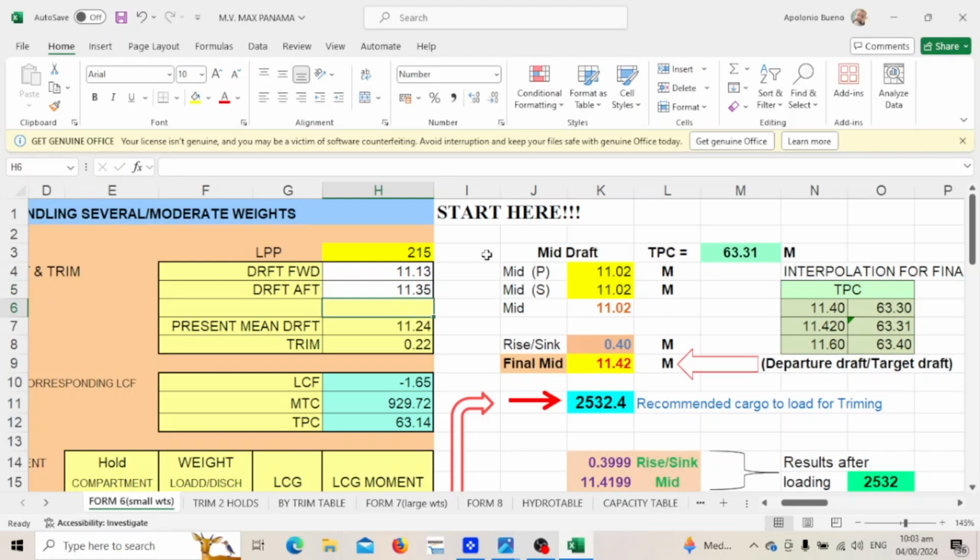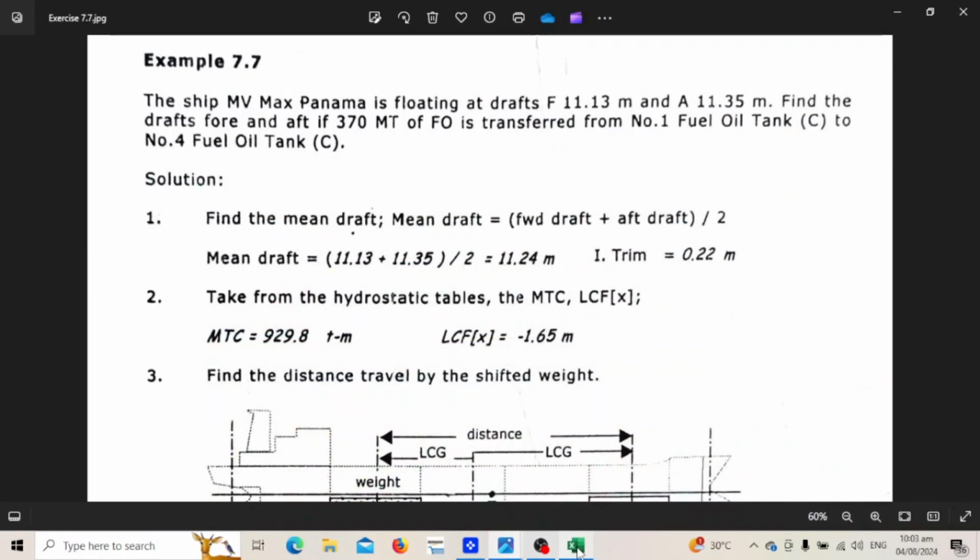So his mean draft is 11.24 and his trim is 0.22 by the stern, because he has a bigger draft at the aft part. Okay, that is your trim by the stern because you have a bigger draft aft.